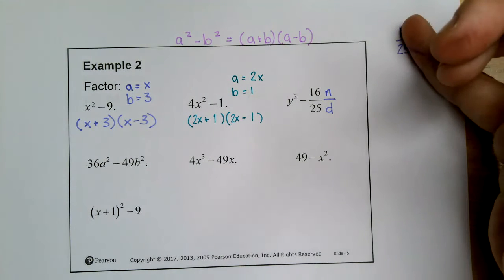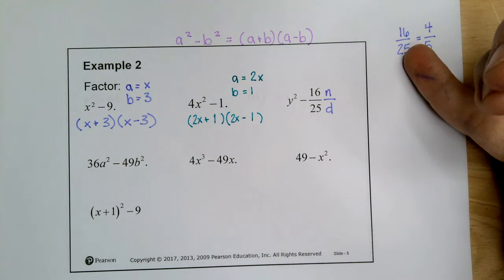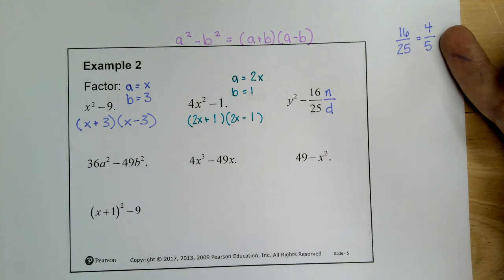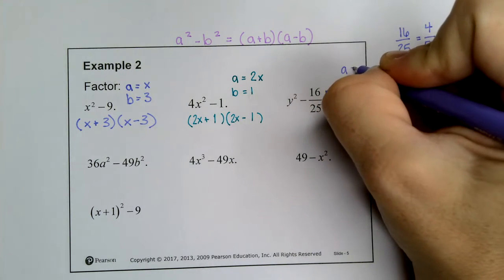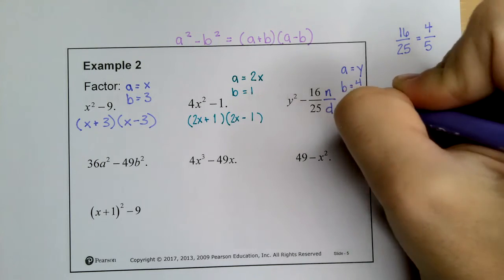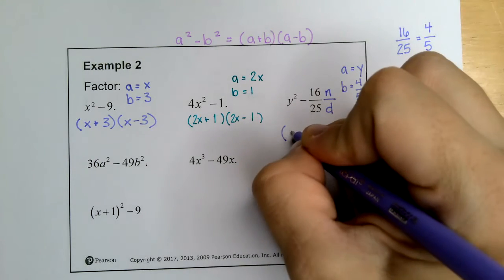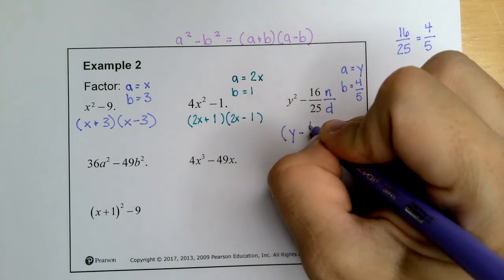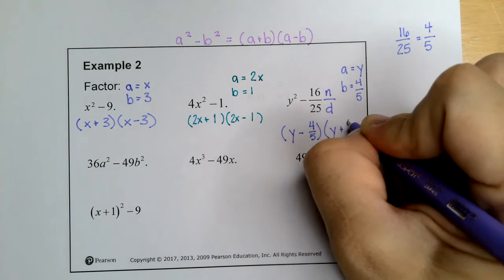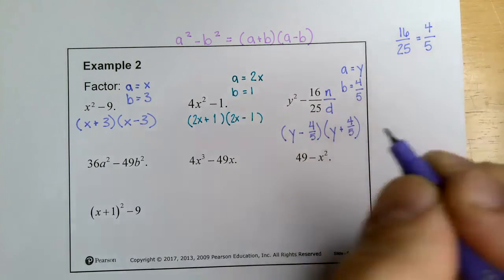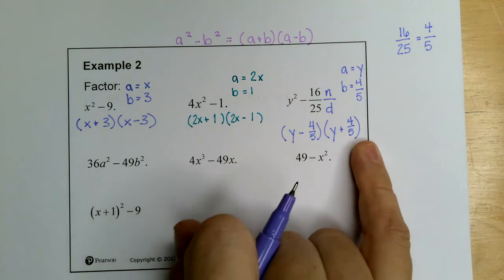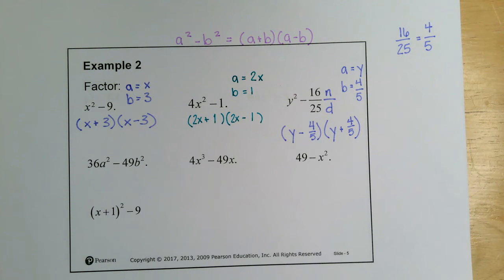So 16 over 25, if we put it under a radical, we'll come out with 4/5. Okay, so A is just y, and B is 4/5. So we write that as y minus 4/5 times y plus 4/5, because it does not matter whether the plus is first or the minus is first. It's multiplication. It will not affect it.